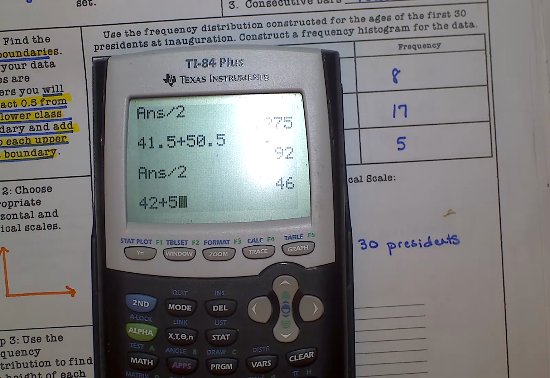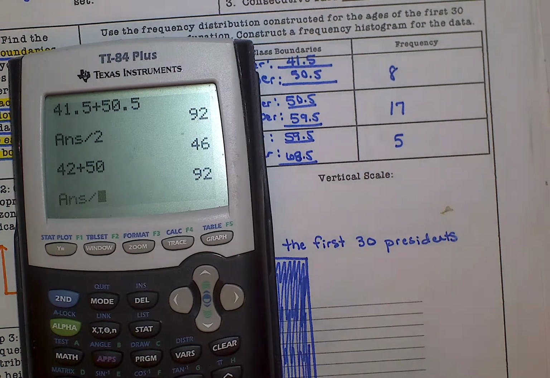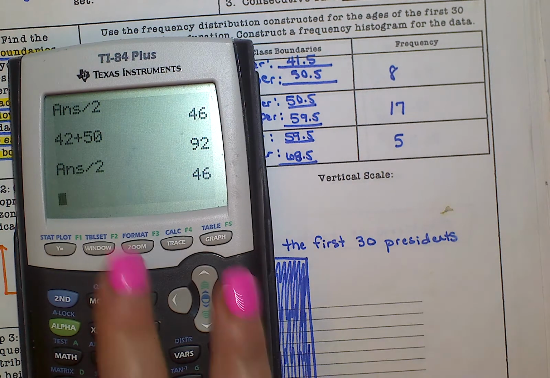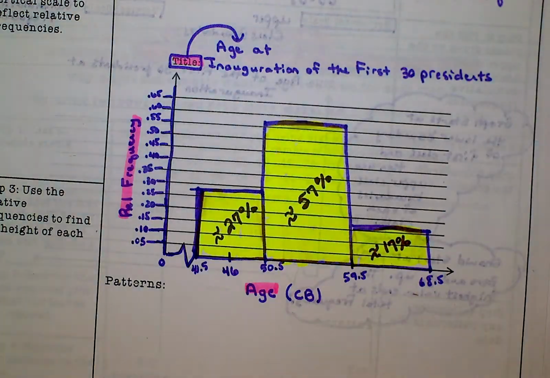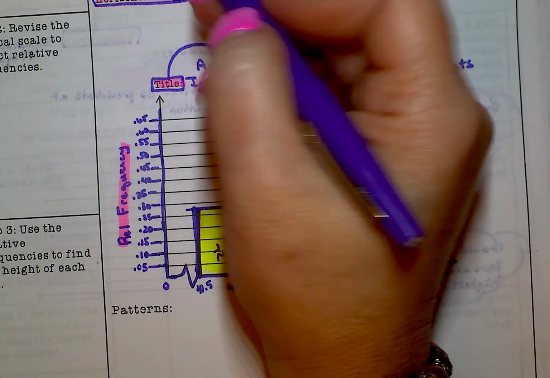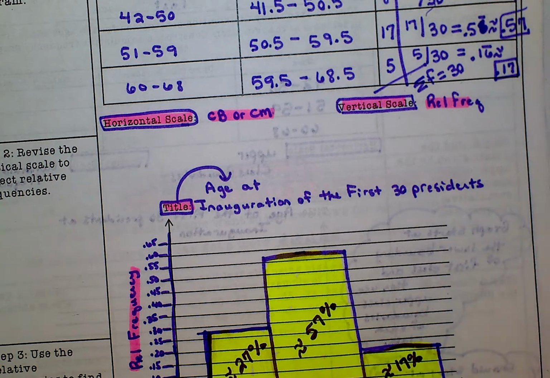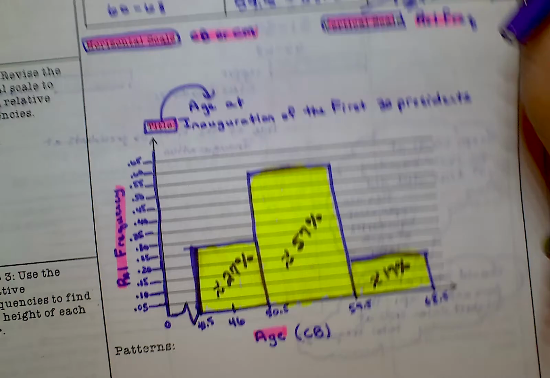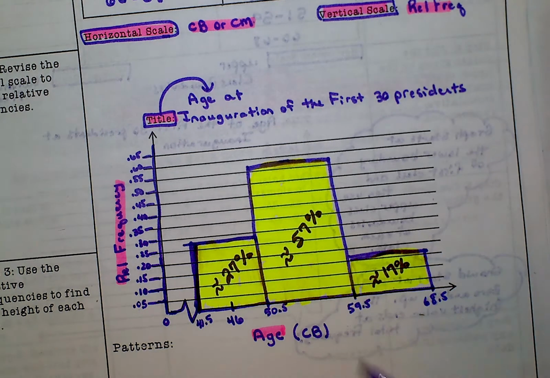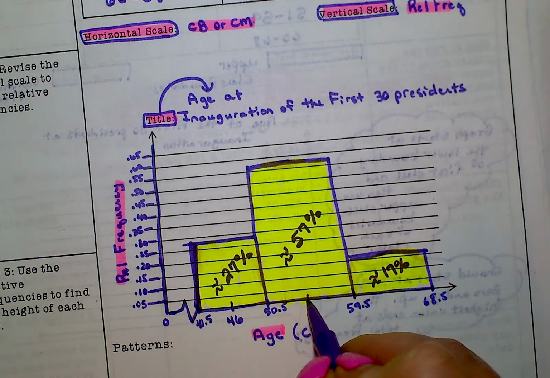So 42 plus 50 divided by 2 gives you that same midpoint. So when we read that definition a while ago, you could find the midpoint with the boundaries or the classes. So you could actually get the midpoint right there between those 42 and 50, and it would give you that 46. So if we look at this one, this midpoint, put it in the middle, was 55.